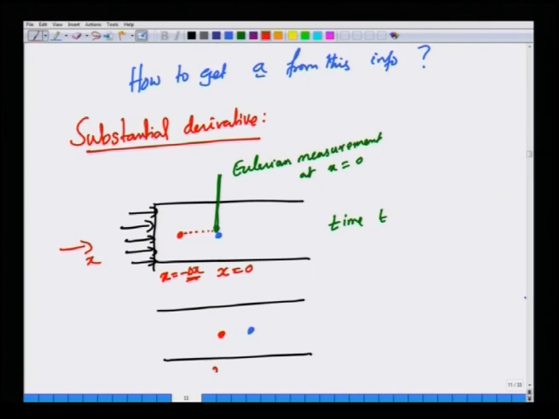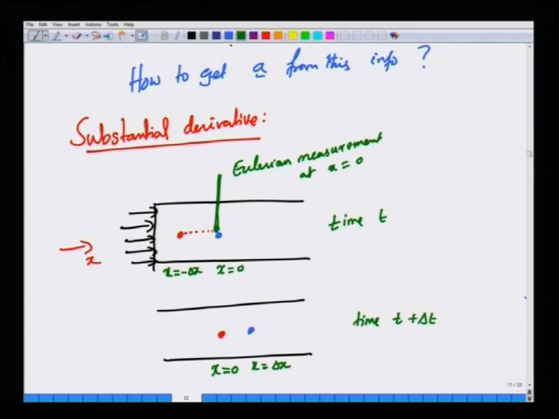Let me write this in green ink: the spatial location x equal to 0, and this becomes x equal to plus delta x. So, let us call the spatial locations x equal to 0 and x equal to minus delta x. This is now time t plus delta t.